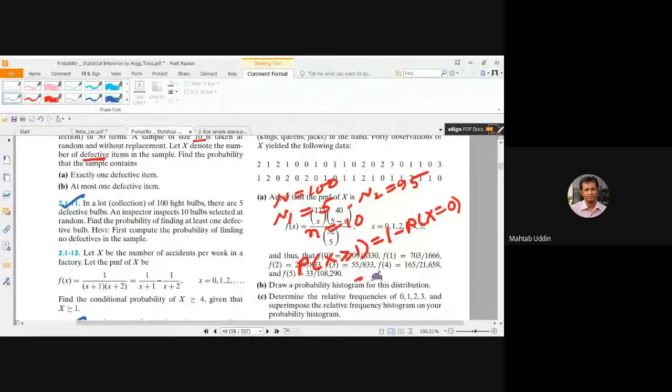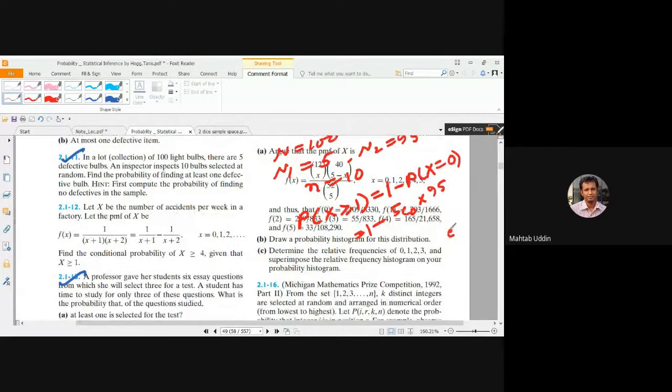So this is what? 1 minus: from 5 we will not take any one, and from 95 we will take what? All 10. So 95 will take all 10, divided by 100 C10.